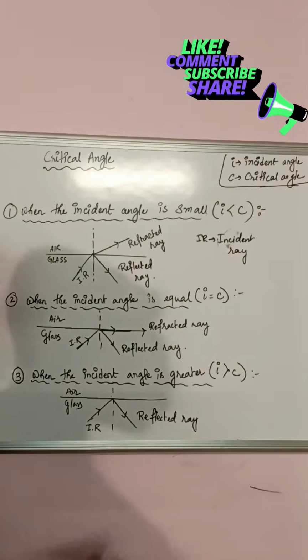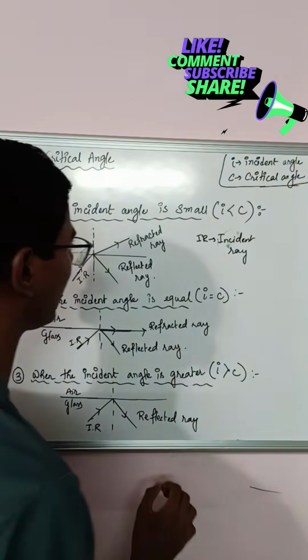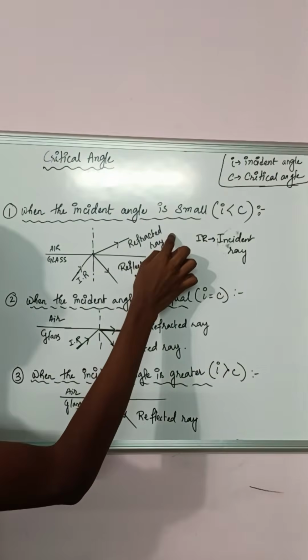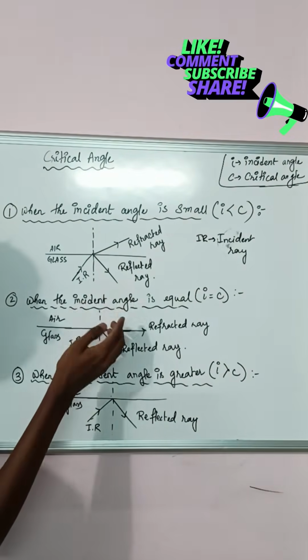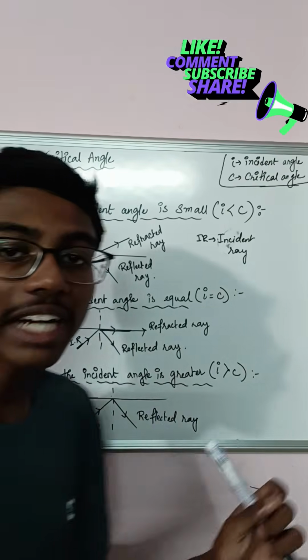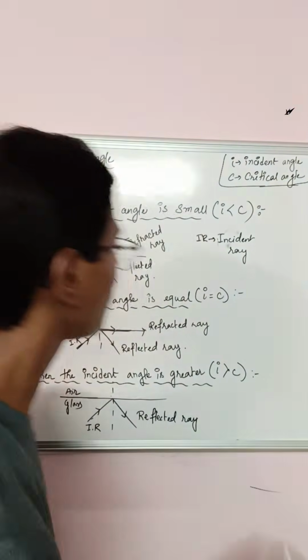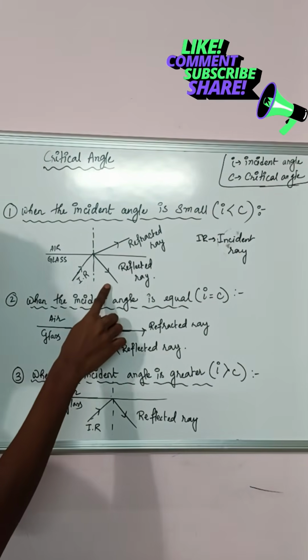And what happens, when the incident ray is smaller than the critical angle, then the refracted ray passes like this, and a part of the ray is also reflected. That's why the intensity of the refracted ray decreases, because a part of it is always reflected into the same medium.